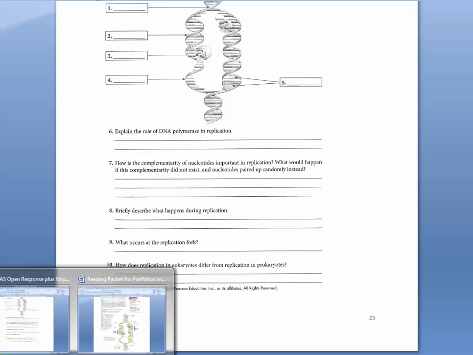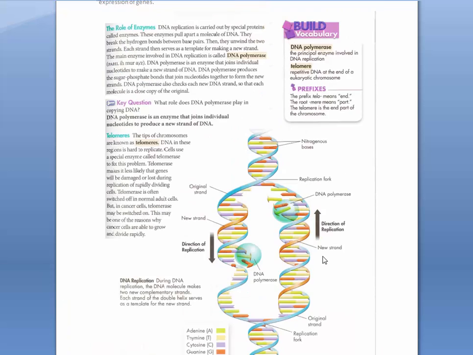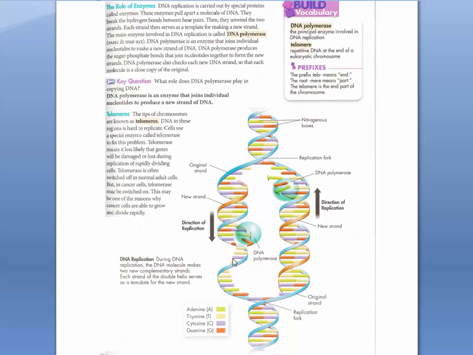If we turn to page 63, and you look at this picture right here, you can see this bubble. That's DNA polymerase. That's an enzyme. And what it's doing is taking individual nucleotides like this and joining them onto these incomplete strands right here.